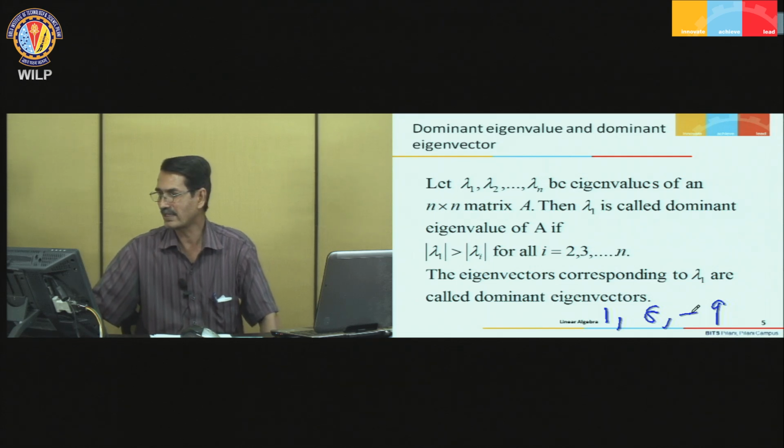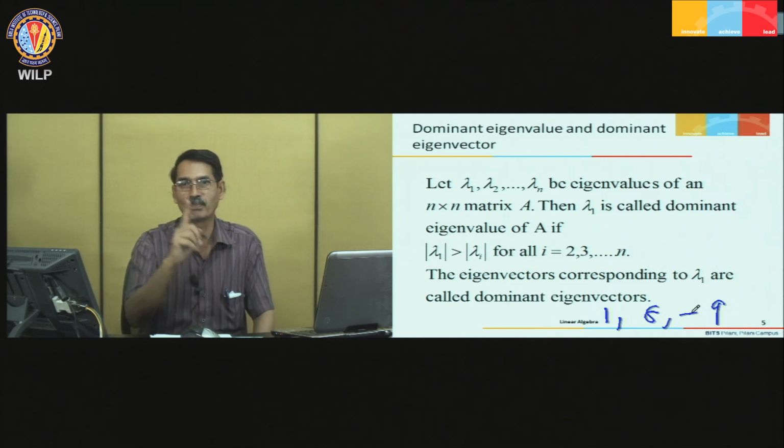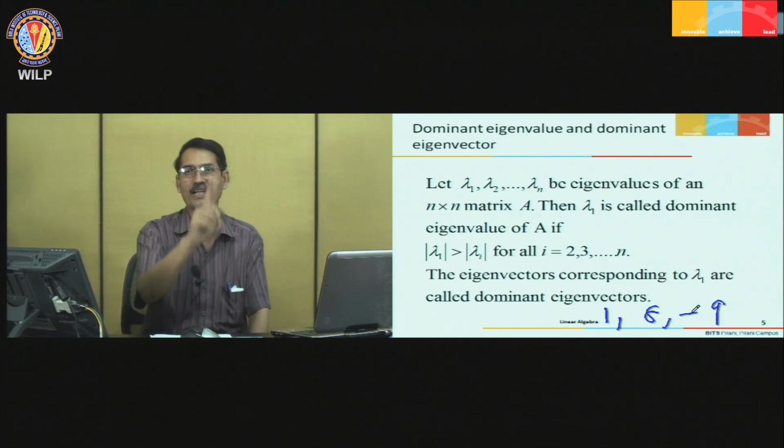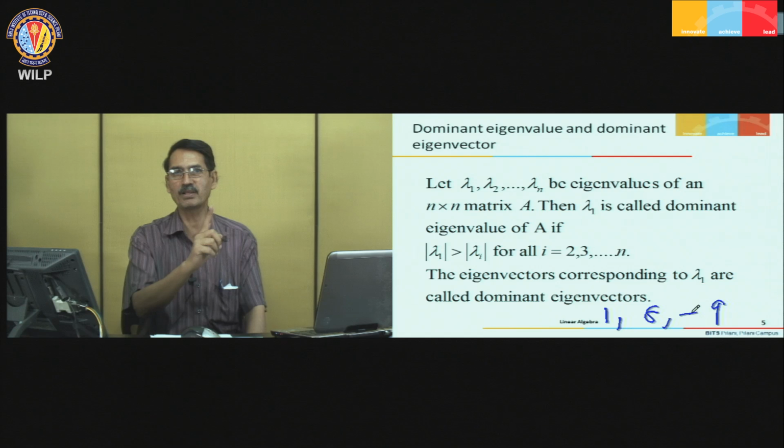So 9 is the largest. Then the original lambda, without taking the absolute value, is the dominant eigenvalue. Therefore 9 is not the dominant eigenvalue, minus 9 is. I believe the idea of dominant eigenvalue should be clear.